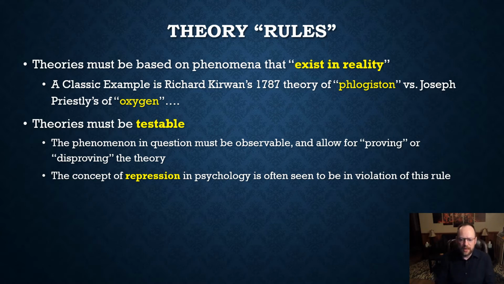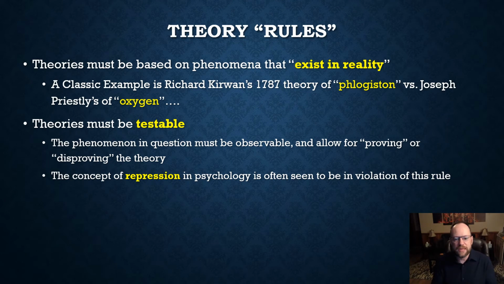And I have here, when it comes to psychology, the concept of repression, which some people would say is a violation of this rule, because repression itself is getting rid of something, right? If I'm repressing memories, I'm actually getting rid of those memories. And the problem with that is you can't test something that doesn't exist.